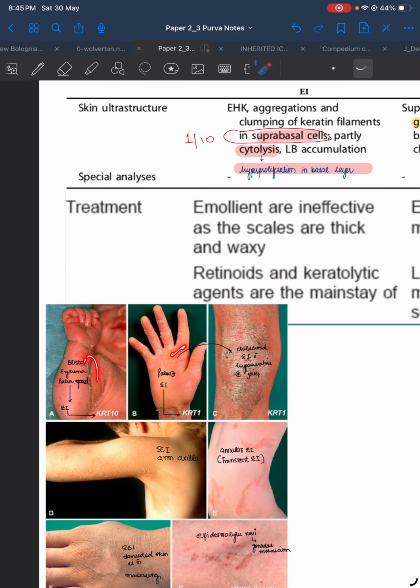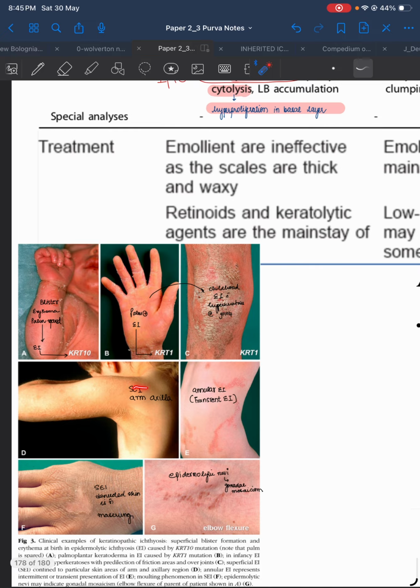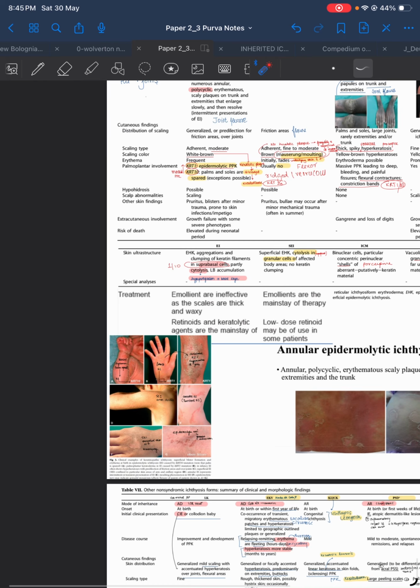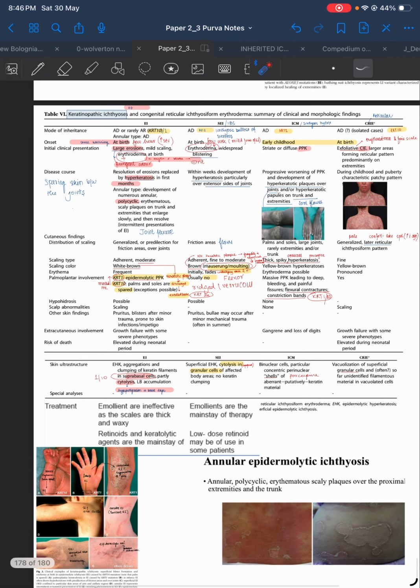Palm involved, blister and erythema at birth, and then in older childhood there will be hyperkeratosis. Superficial epidermolytic ichthyosis is present in the flexures, and in the later form of EI we see annular plaques. SEI is a milder variant characterized by the Mauserung phenomenon, and epidermolytic nevi characterize gonadal mosaicism.